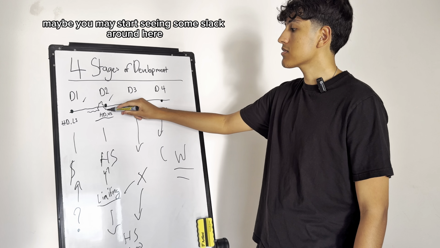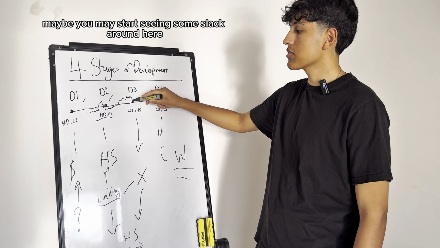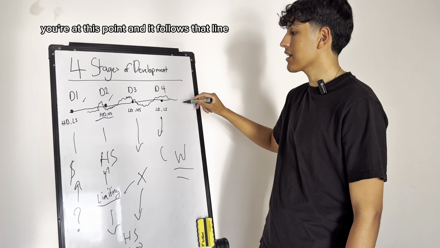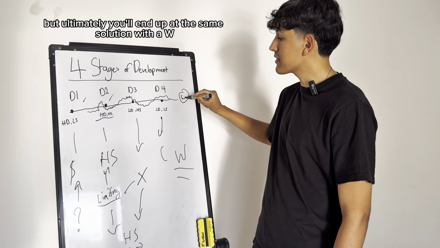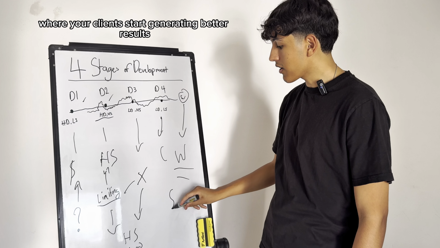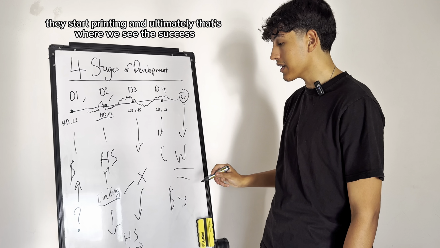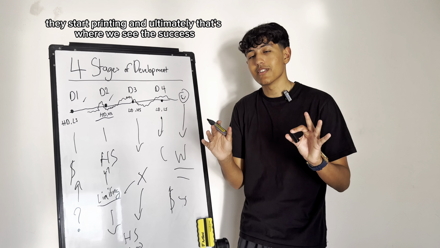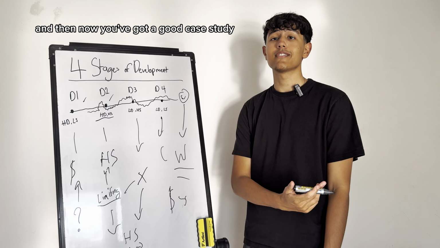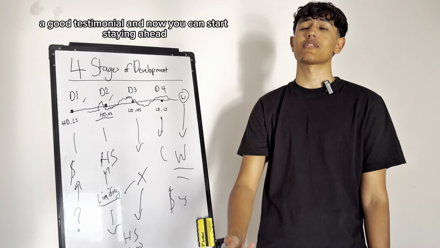Maybe you may start seeing some slack around here. You're at this point, and it follows that line. But ultimately, you'll end up at the same solution with a W, where your clients start generating better results, they start printing, and ultimately, that's where we see the success. And then now you've got a good case study, a good testimonial, and now you can start staying ahead.